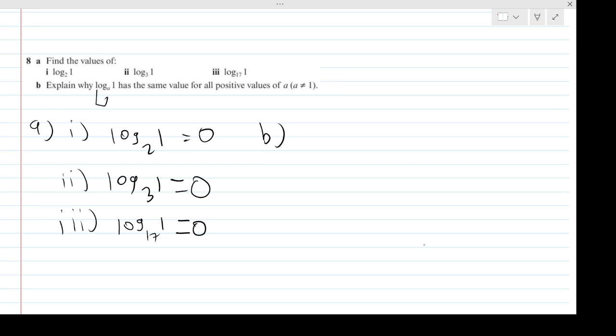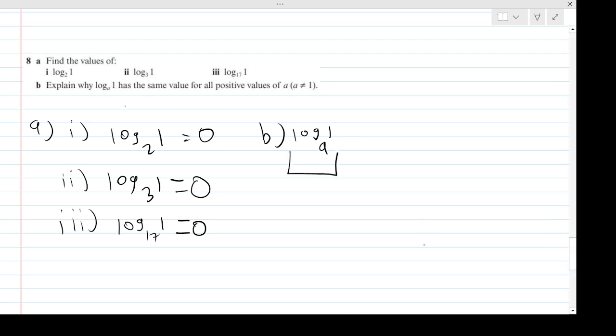And then part B, you're probably going to guess, explain why we get 0. So explain why log to any base a, in general, of 1 has the same value. So it's going to be equal to 0, right? But why is it equal to 0? Well, actually, let's ignore 0 for now.